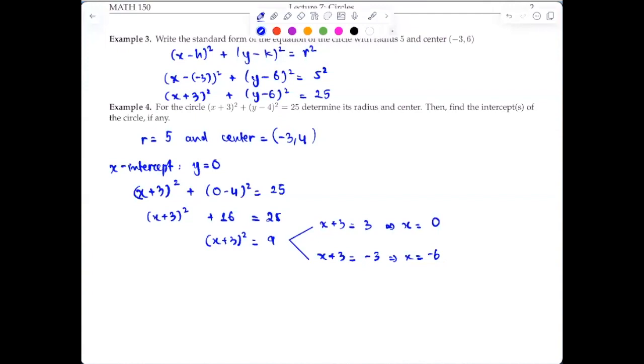Then you have two x-intercepts. So the first x-intercept is 0, 0, which is the origin. The second x-intercept is -6, 0. Now I'm going to find the y-intercept.